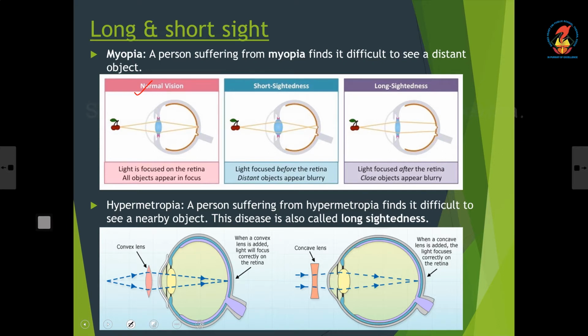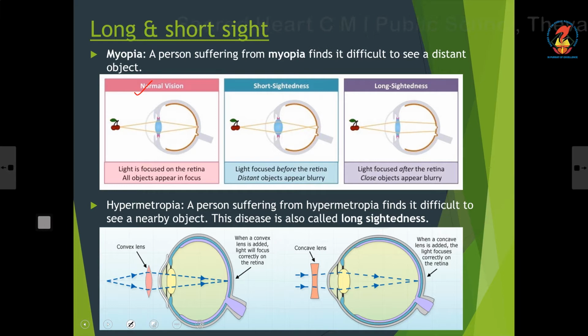So two defects of vision are there. One is long sight and the other one is short sight, or myopia or hypermetropia. A person suffering from myopia finds it difficult to see distant objects clearly.